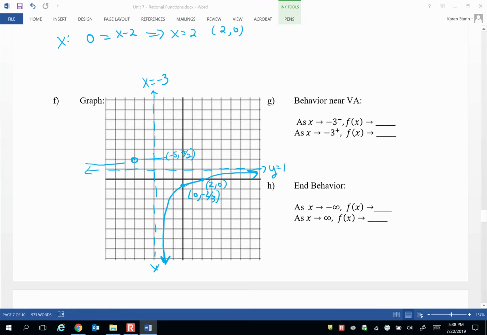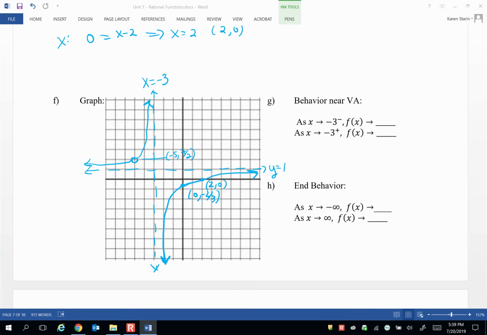Other than picking up my pencil to jump over this hole, I'm not going to have to do anything else but stay above y equals 1 and less than x equals negative 3. So that's your first view of taking all of that analysis that you do algebraically with the equation of the function and getting it to the picture on a graph of that function.